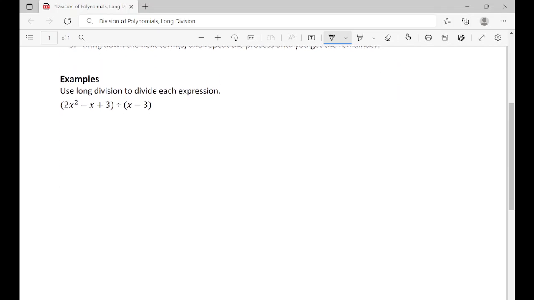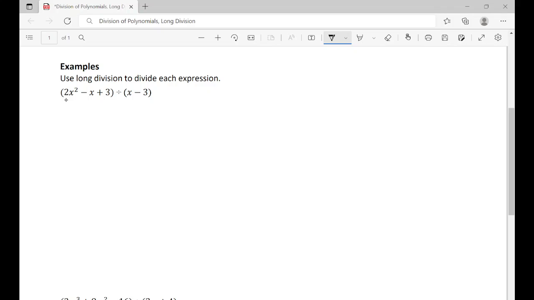So, first one we're going to do is 2x squared minus x plus 3, that is the dividend, divided by x minus 3, this is the divisor. So we're going to do x minus 3, and then 2x squared minus x plus 3.